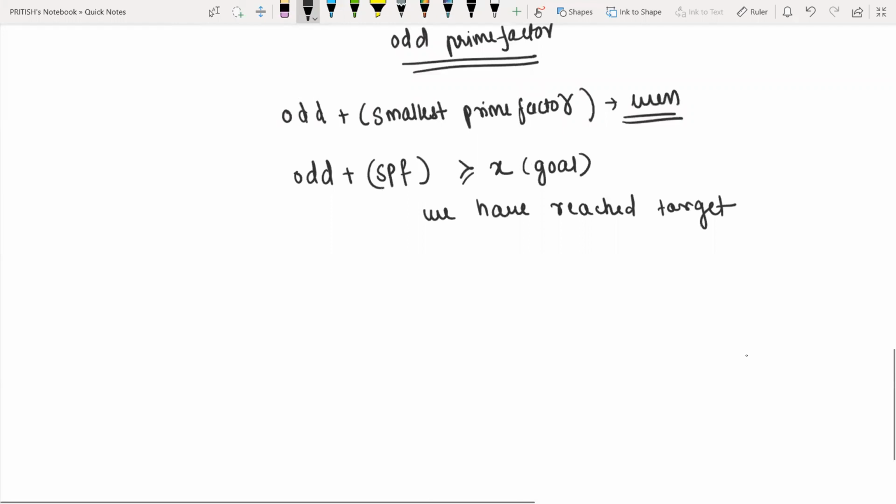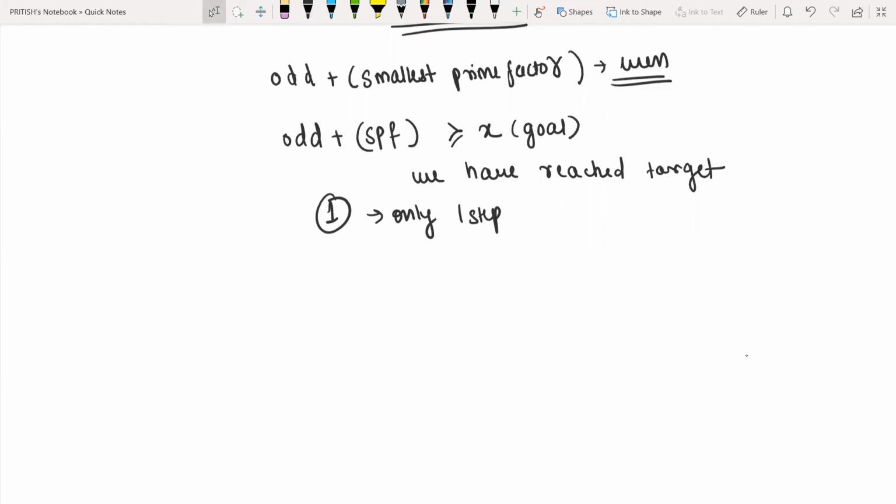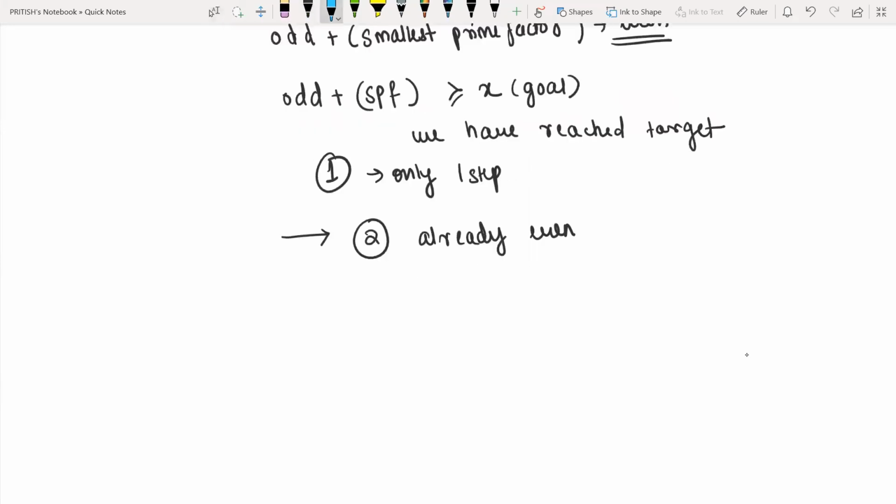And if we have reached our target, then we have to print what? 1, because in only one step we have reached. And if we haven't reached our target, then it is very simple. From now on, the smallest prime factor would be 2 because the number is already even. Thus, the smallest prime factor would be 2 here.